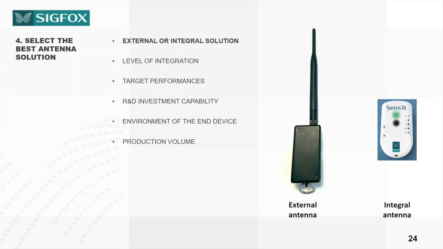If you want to have an internal or an integral antenna, then just make sure to really invest in the antenna design, because this is going to be tricky. So basically, external antennas are easy, integral antennas are more complex, and especially if you have a very small device with a high level of integration, this is difficult.